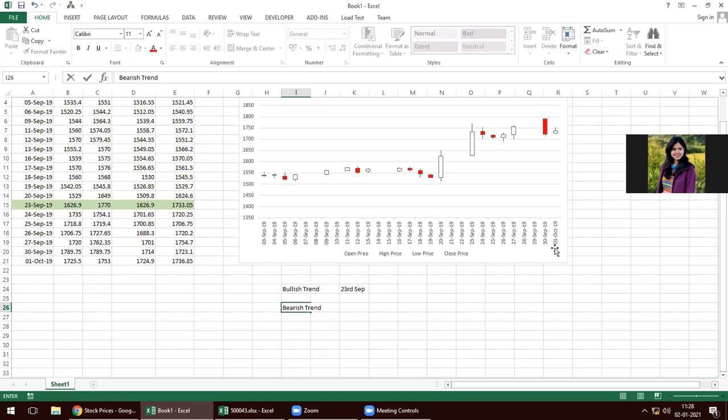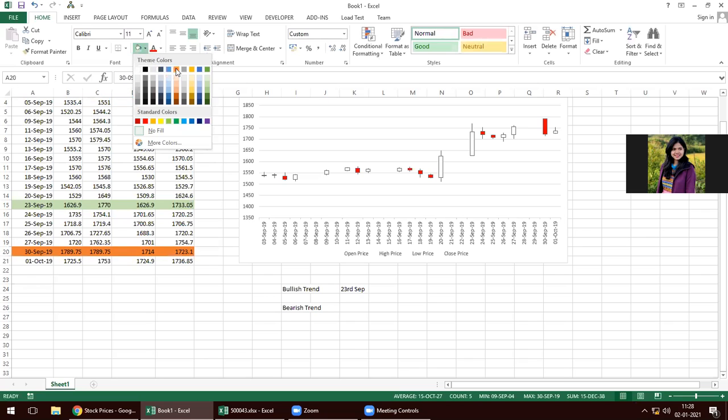So which date? On 30th September. If you see in the graph data, 30th September is the red signal that shows that the trend is going down. You can see the opening price is 1,789, but it ends with 1,723.